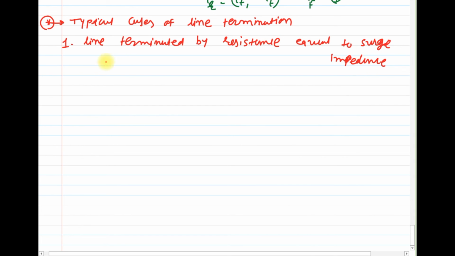So I can say ZC is equal to Z. What happens if we consider the line termination which is equal to the surge resistance? Yes, I will draw, then you will realize.